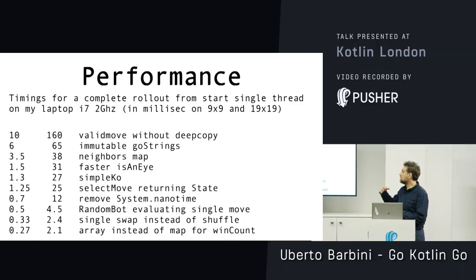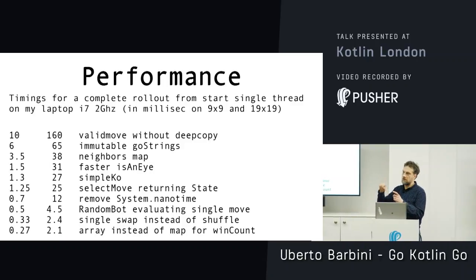For example, trying to avoid immutable Go strings and using mutable ones really helps performance a lot. Another is using a neighbor map: I have a map with everything that can be pre-calculated, in this case all the neighbors of each point, instead of calculating them every time. It really helps.